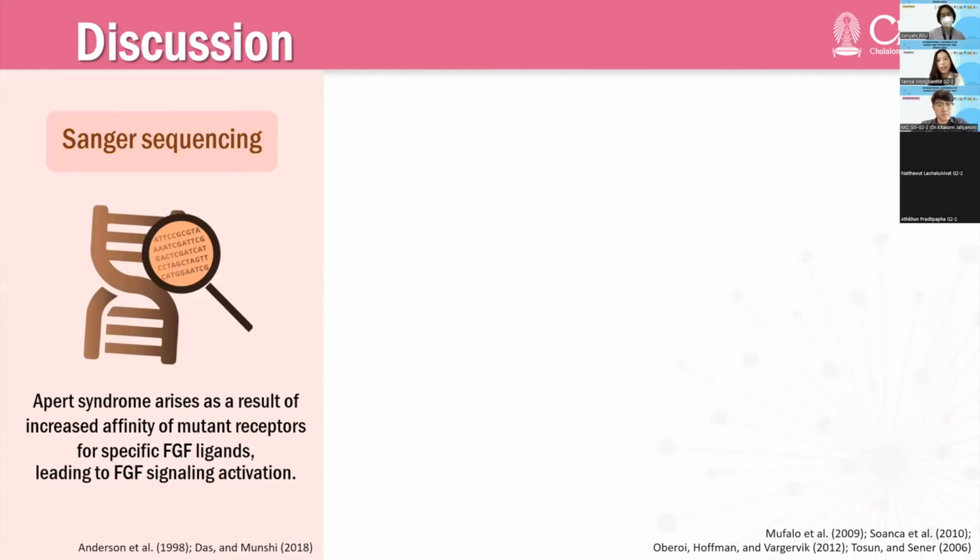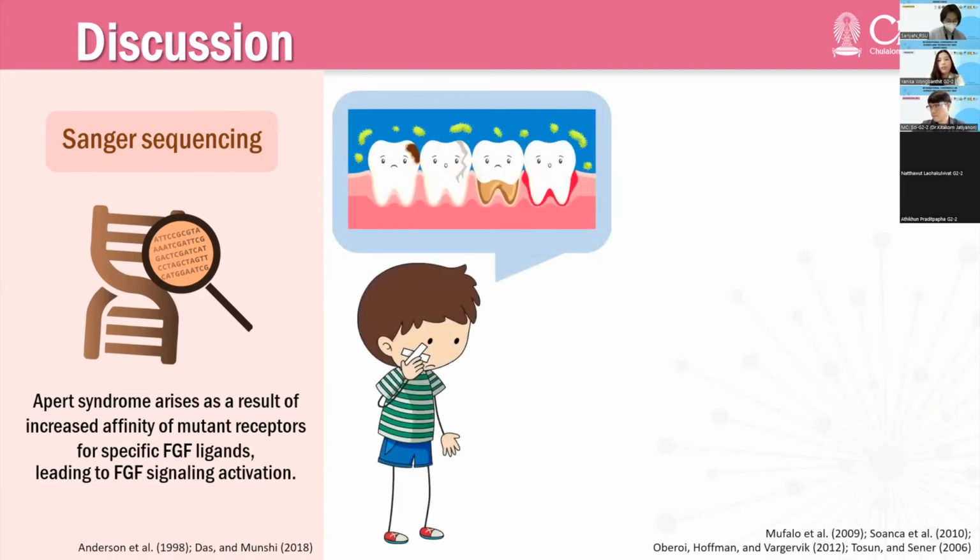From the studies, it is indicated that Apert syndrome arises as a result of increased affinity of mutant receptors for specific FGF ligands, leading to FGF signaling activation. So Apert syndrome is caused by gain of function in FGFR2. Compared with general Thai children of the same age, according to the report of the 8th Thai National Oral Health Survey 2017, both patient 1 and patient 2 had higher caries risk.